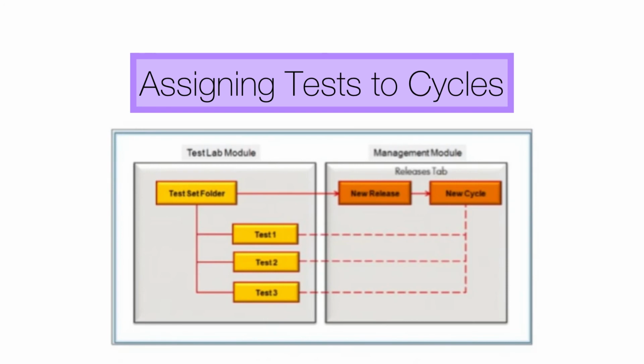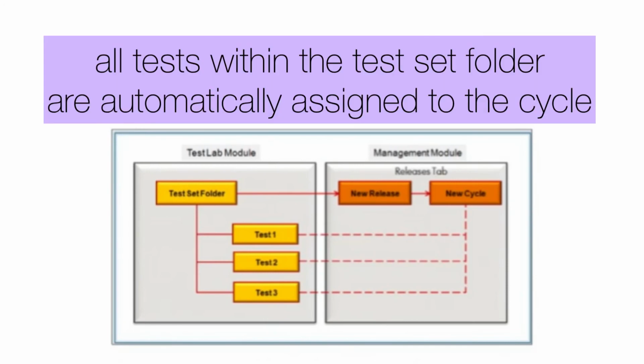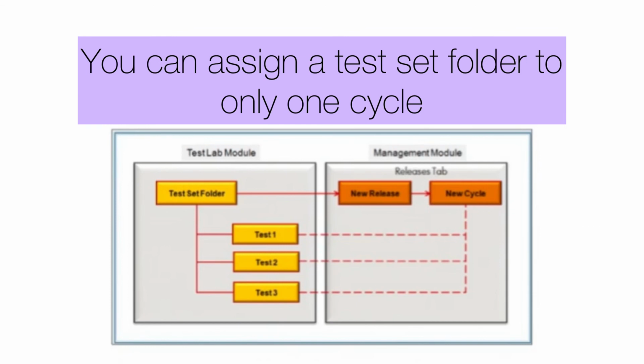This figure illustrates that when you assign a test set folder to a cycle, all tests within the test set folder are automatically assigned to the cycle. You can assign the test set folder to only one cycle.